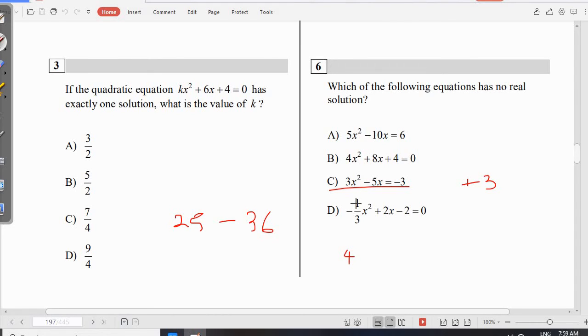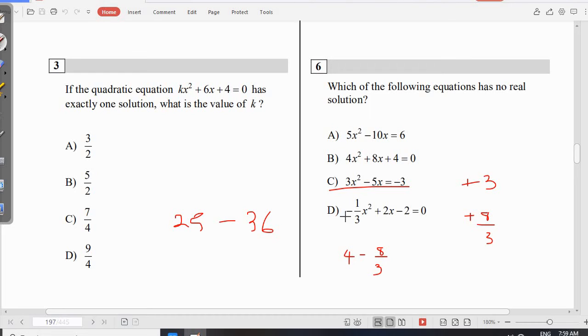Minus 8 times minus 1 over 3, that's minus 8 times 1 over 3, so that's minus 8 over 3. Minus times minus is plus. So we have 8 over 3, which is definitely less than 4. So this will give you a positive answer.